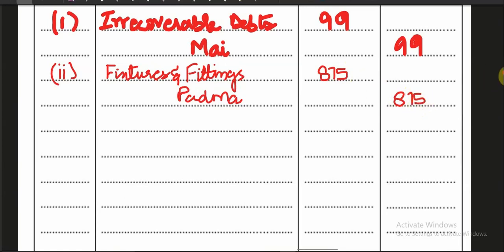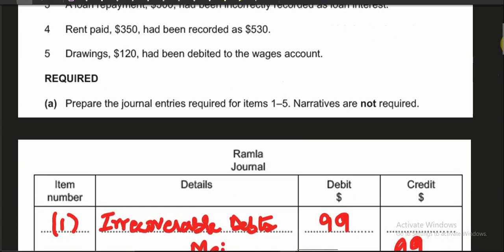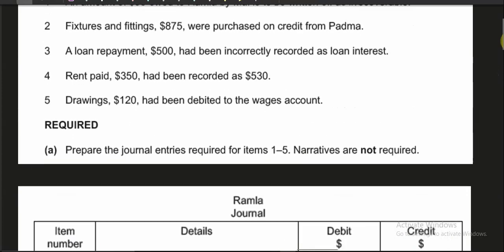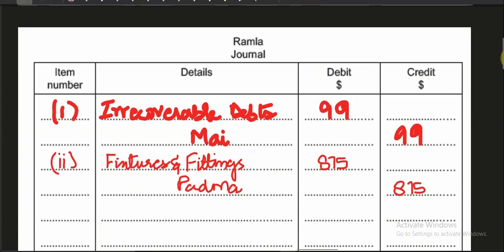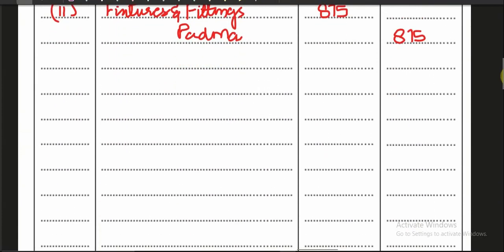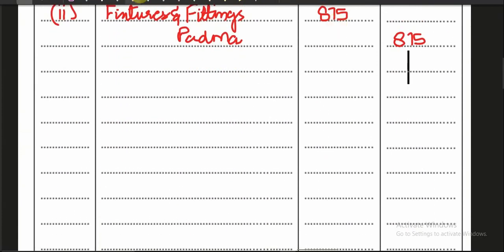For our third entry, we have a loan repayment of $500, which has been incorrectly recorded as loan interest. What has happened over here is that we repaid part of a loan, but it was treated as a loan interest. Now loan interest is an expense, and the payment of the loan naturally would be a reduction in our cash.